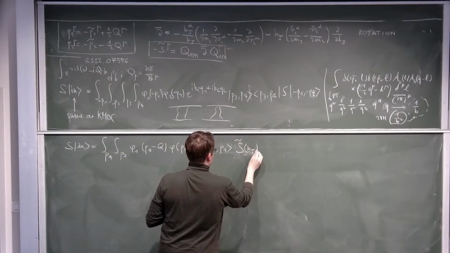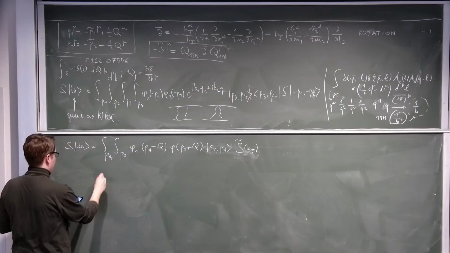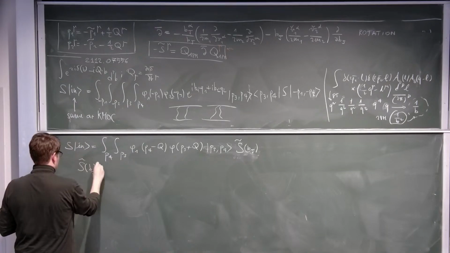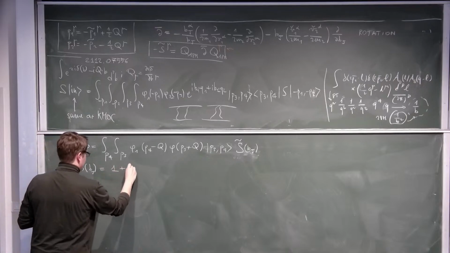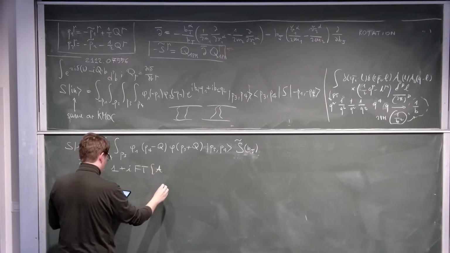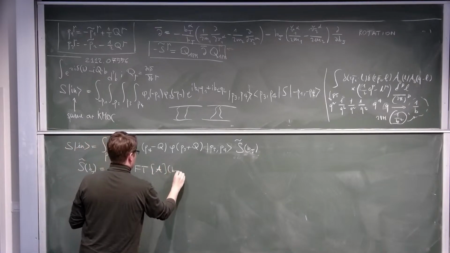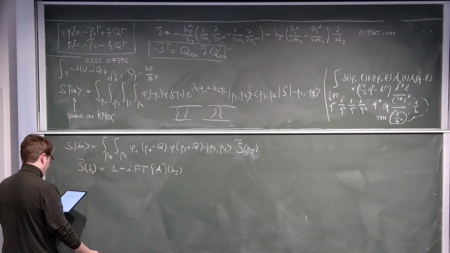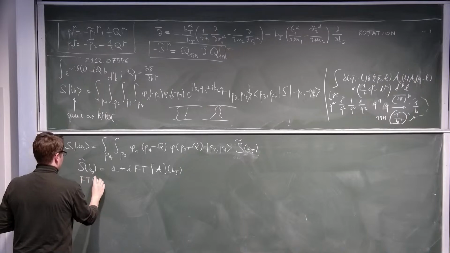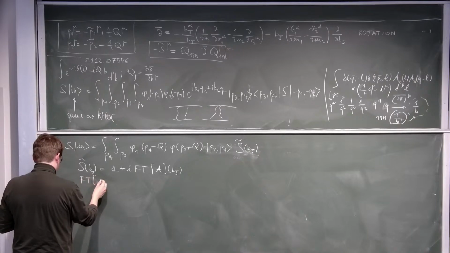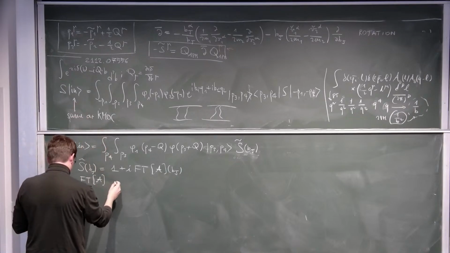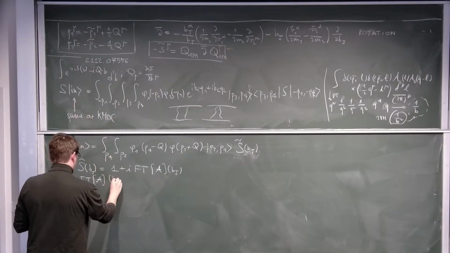There is this S, which we also introduced at some point in the first lecture. Now this is nothing but 1 plus i, the Fourier transform for A, and this Fourier transform can be conveniently written down, in particular now using these p tilde variables that we just introduced. So let me do that.